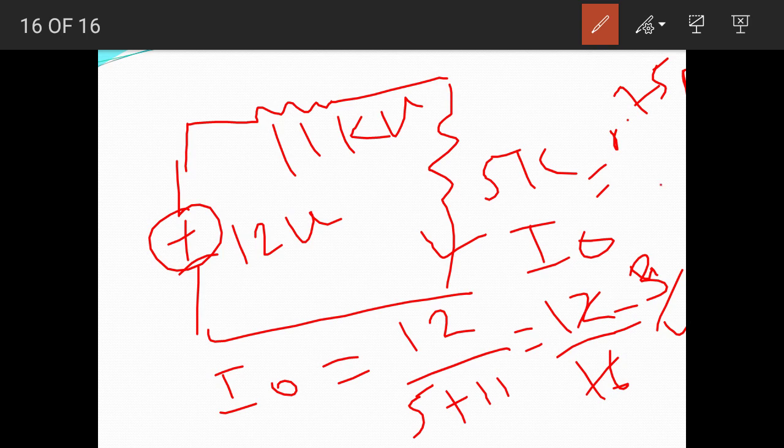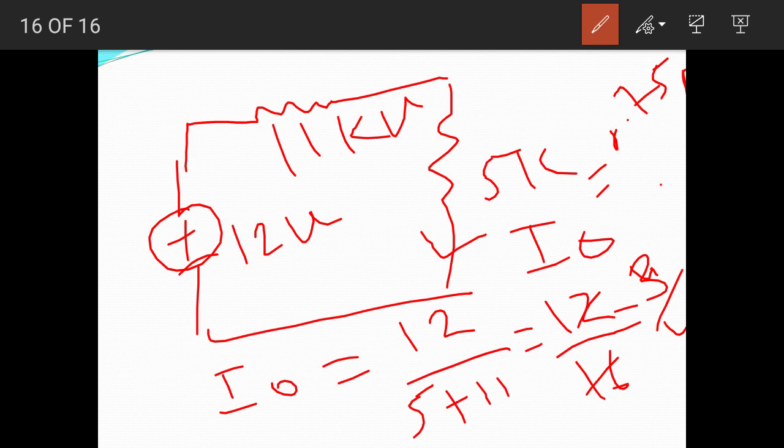So this is the procedure of finding the load current I0, and we can also calculate the voltage across the load resistance. In this question, the voltage across the load becomes V is equal to IR, where I is 0.75 and R is 5.